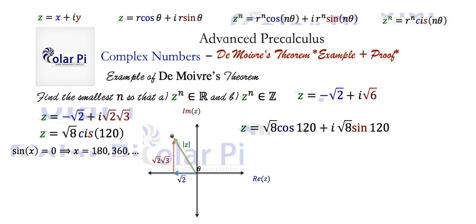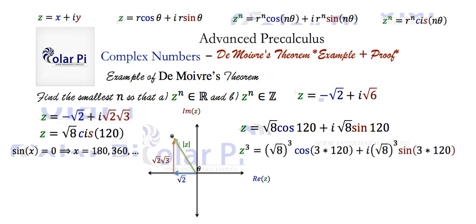What I'm saying is there's no integer n that we can multiply 120 by to get 180, but there is an integer n that we can multiply 120 by to get 360, and that's 3. And so then z cubed will do the trick of making z strictly real. That's because z cubed will mean root 8 cubed, cosine 3 times 120 plus I times root 8 cubed, sine of 3 times 120.